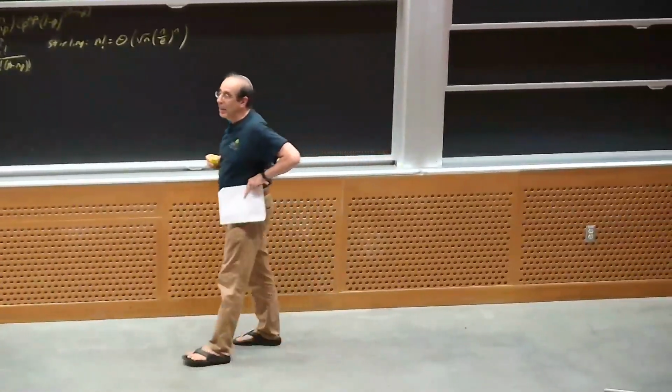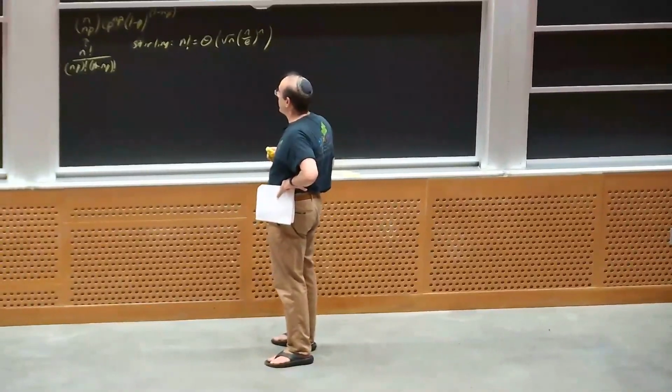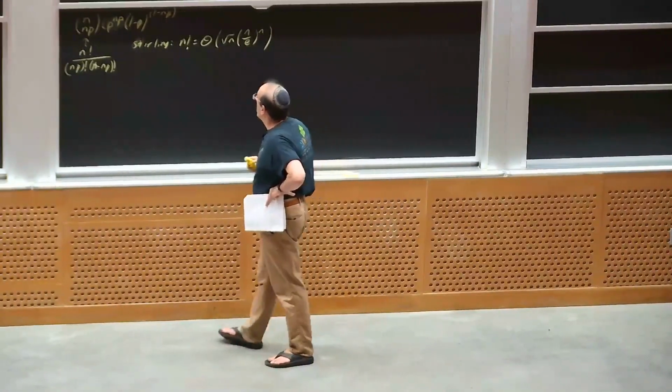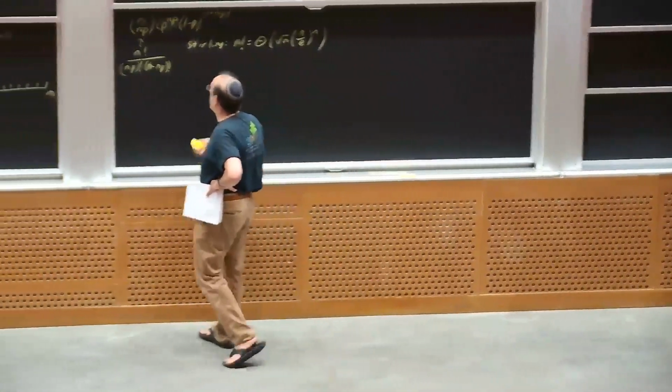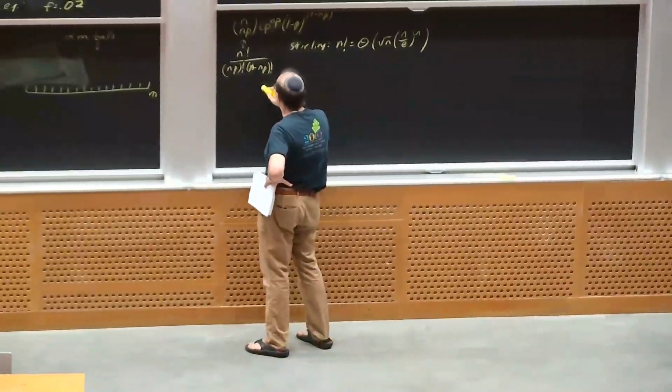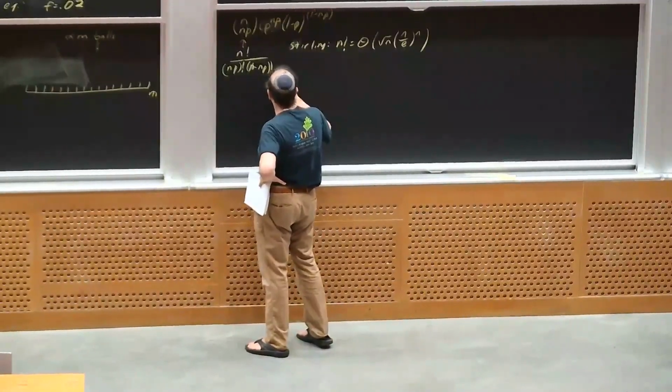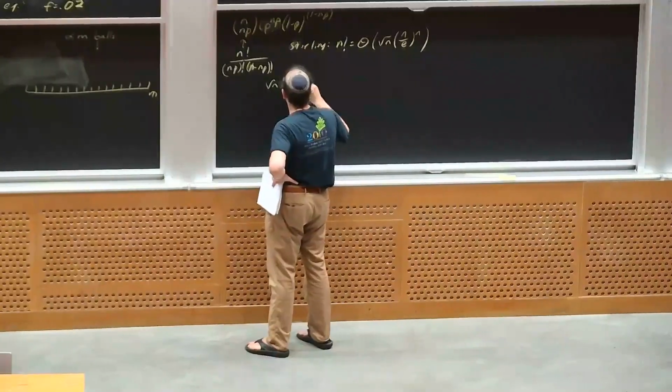I'm assuming most of you have seen Stirling's approximation before. If we plug that all in, everything works out just fine. We have root n times (n over e) to the n.